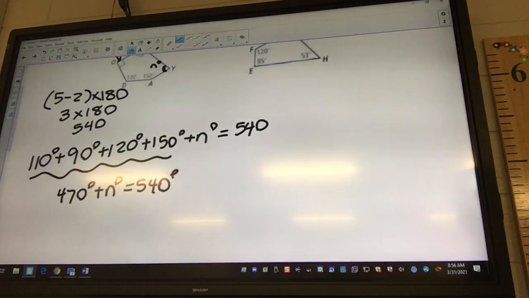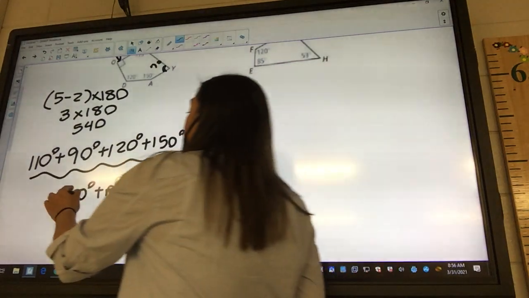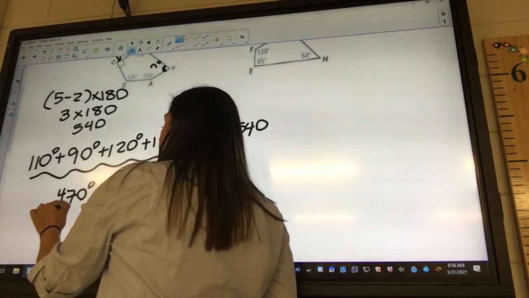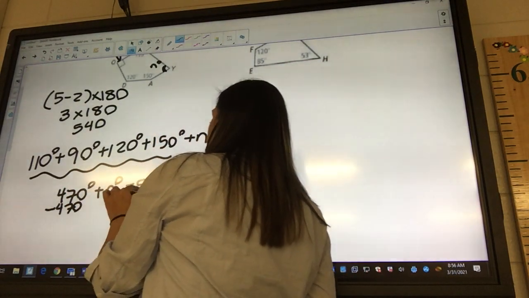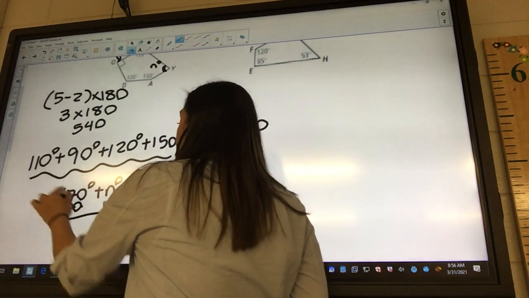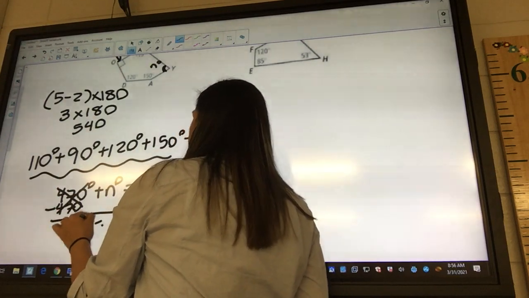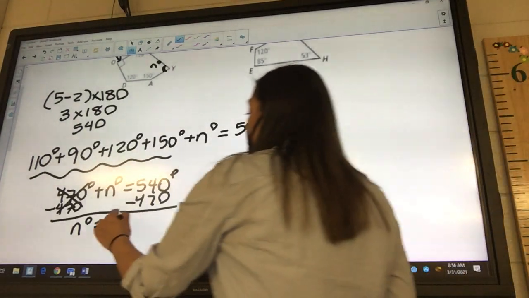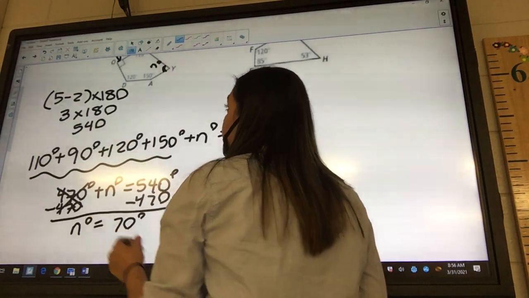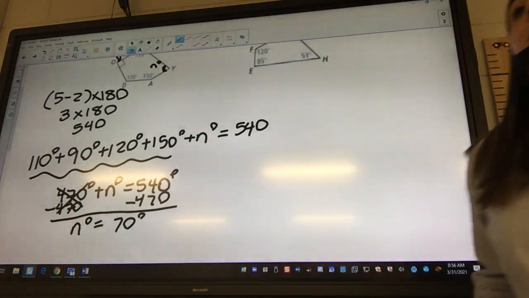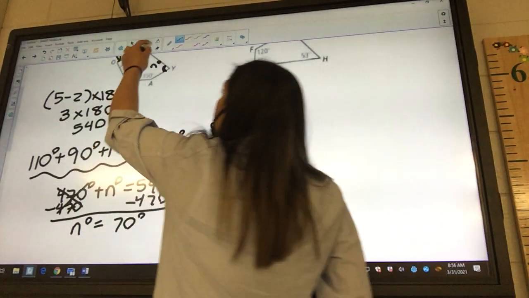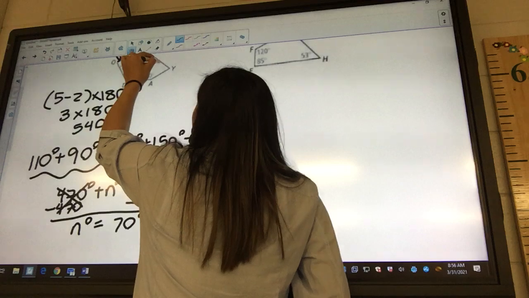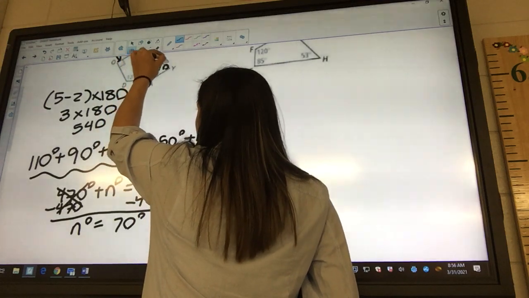So what do I do? Minus 470 from both sides. So n degrees equals 540 degrees minus 470 degrees, which is 70 degrees. So what is 70 degrees? It's n. So you could fill it in up here. This one is going to be 70 degrees.